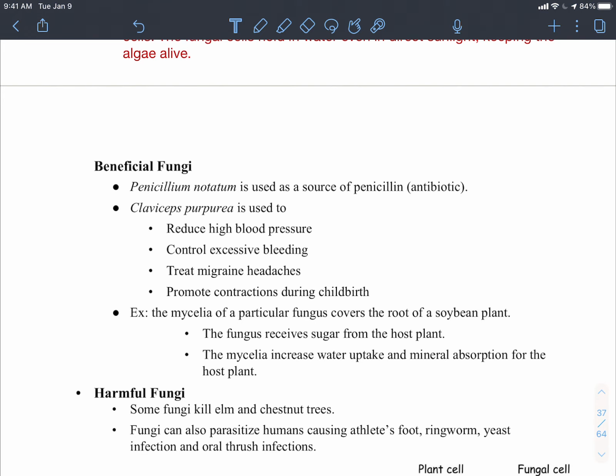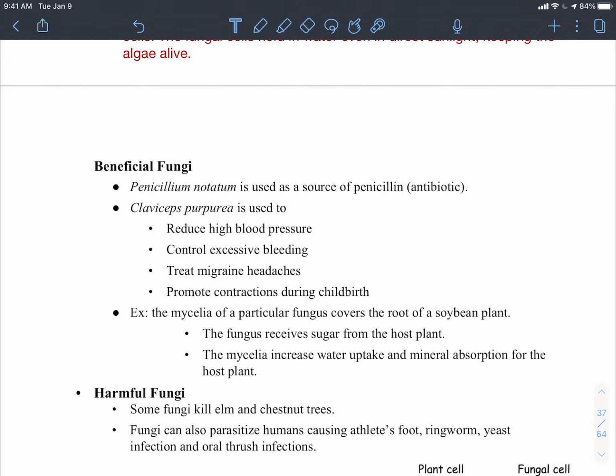And without it, there would be so many births that would not have happened, because they couldn't induce childbirth any other way. So this is all based on this first concept here about the idea that fungi produce these enzymes.